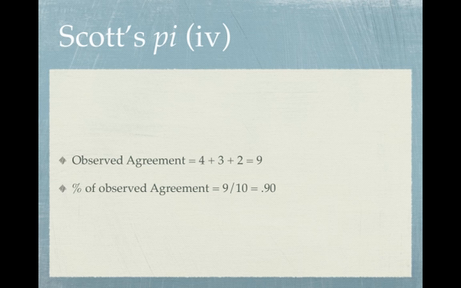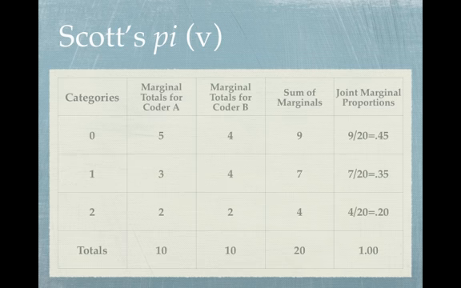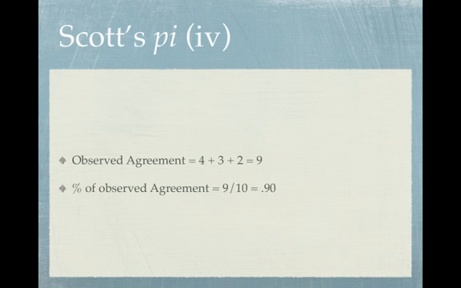It will yield the same result. If we were doing Holsti's formula, we would multiply 9 by 2 and divide it by 10 plus 10, so it will give a 0.90 reliability, which is relatively high. However, this is the percent agreement, the percent observed agreement, right?